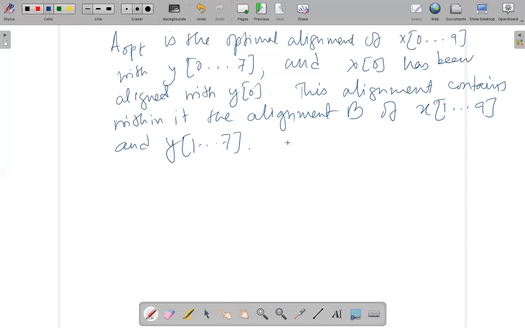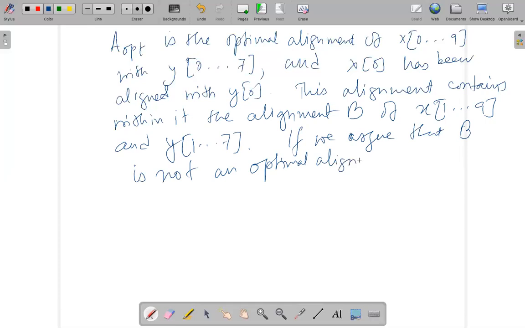Now, if you argue that B is not an optimal alignment, then what are we essentially saying?